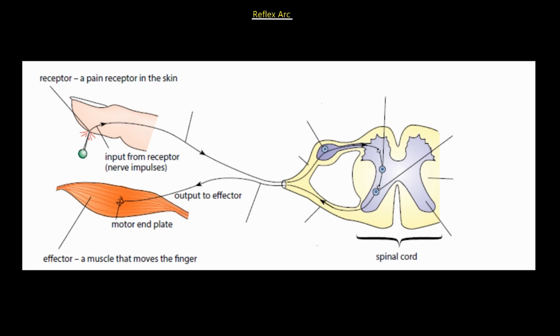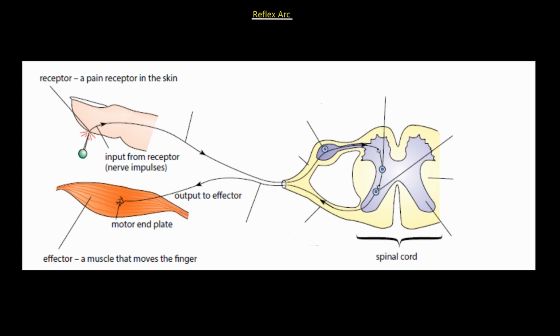The final thing I wanted to talk about today is the reflex arc, which I briefly mentioned in one of our first videos on this unit. However, I wanted to talk about this concept again and give a little more detail to provide a better understanding of it. Previously I used the example of the hot stove.